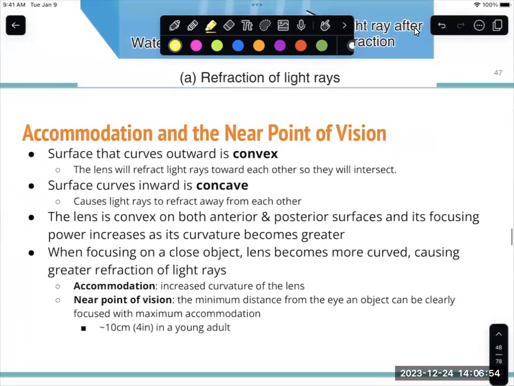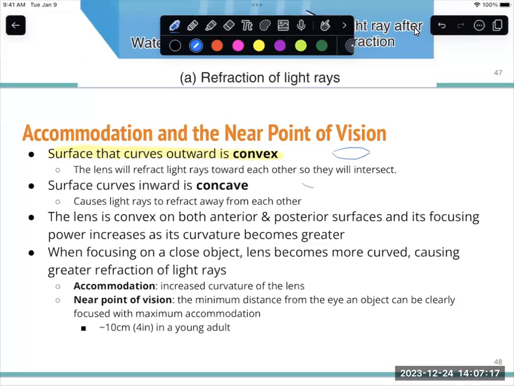So your lens is able to change shape. A surface that is curved outward is known as convex, and it has that outward curve to it.